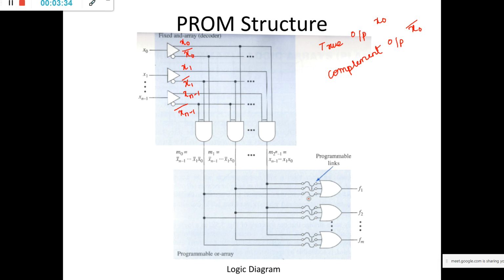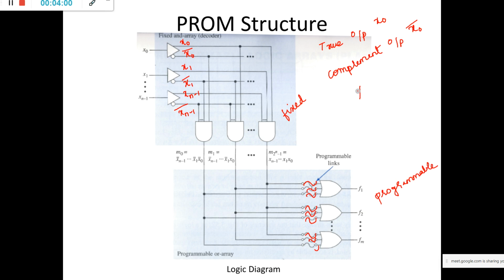The OR gate is programmable, hence the fuses are connected here. You can see these fuses now, students. So the OR gates are programmable, the fuses are connected, the AND gates are fixed.